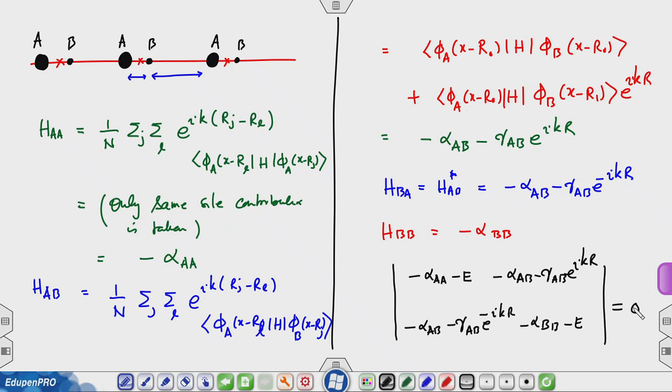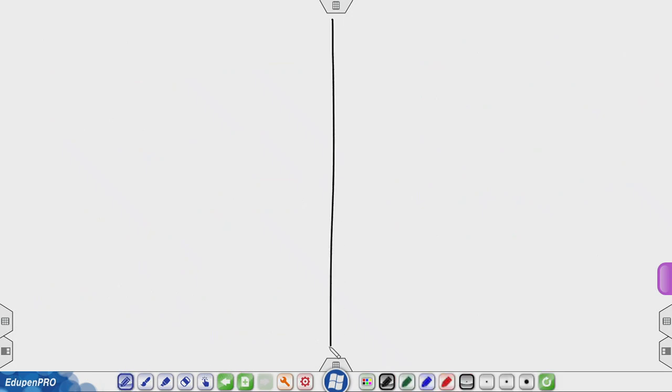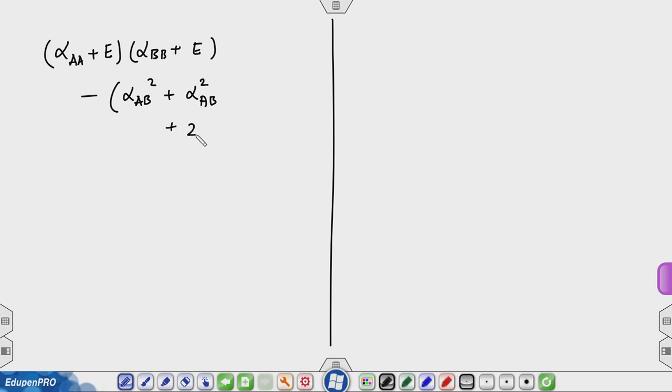Obviously, for each k now you are going to get two energies. So, you are going to get two bands. You put in the determinant and you get (alpha A A plus E)(alpha B B plus E) minus (alpha A B square plus gamma A B square plus 2 alpha A B gamma A B cosine of k R) is equal to 0.